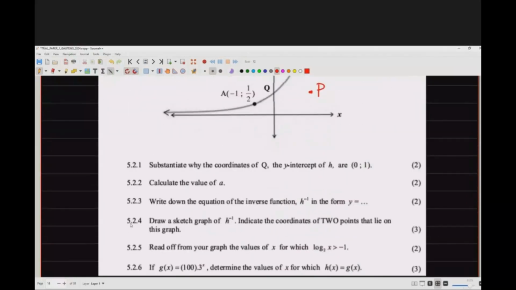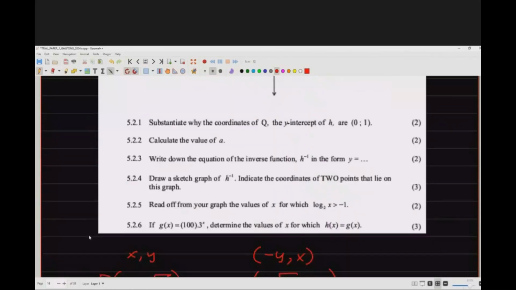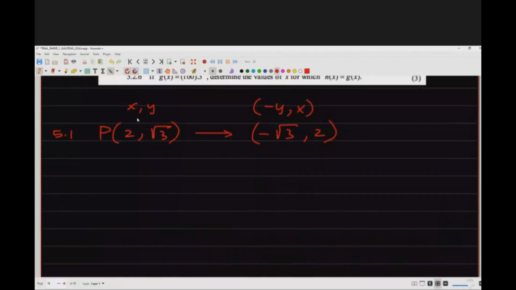5.2.1: substantiate why the coordinates of Q, the y-intercept of h, are (0, 1). All right, so looking at 5.2.1, we're given that h of x is equal to a to the x.